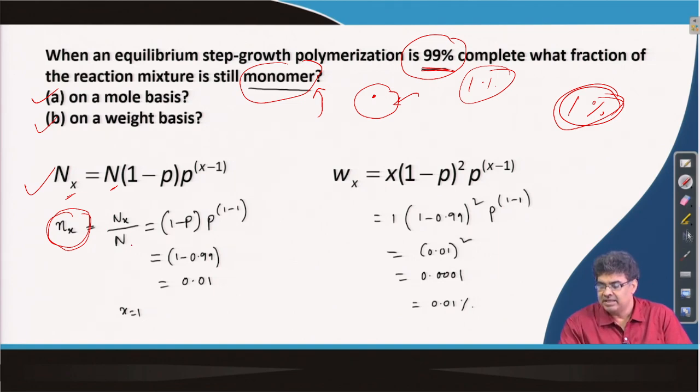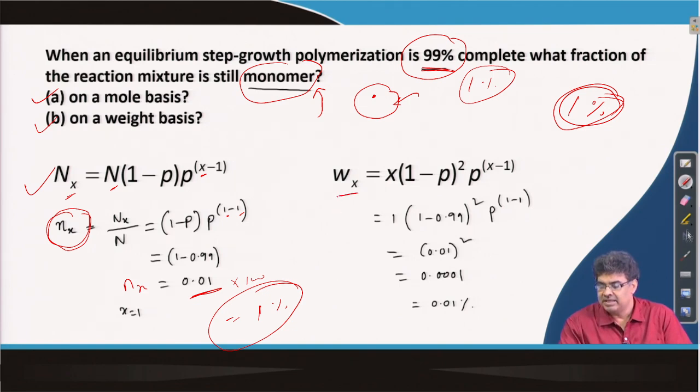It is (1 minus p) times p to the power x minus 1. For monomer, x is 1, so p to the power 0 is 1, leaving 1 minus p. Conversion is given as 0.99, so putting in the value, Nx will be 0.01. It is a mole fraction; if you want percentage, multiply by 100, so you will find 1% monomer.